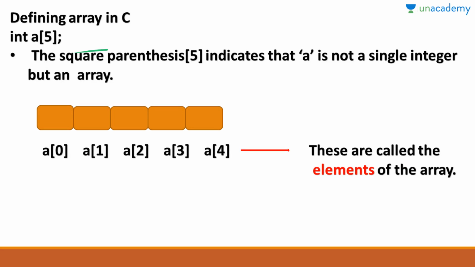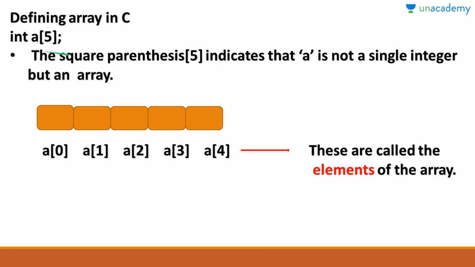We also define variables like int a, b, c, etc. In int a[5], 5 is not just any number, 5 is the size of the array. The square brackets indicate that a is not a single integer but an array, and 5 is the size of the array. The number of elements that can be accommodated inside the array is 5.